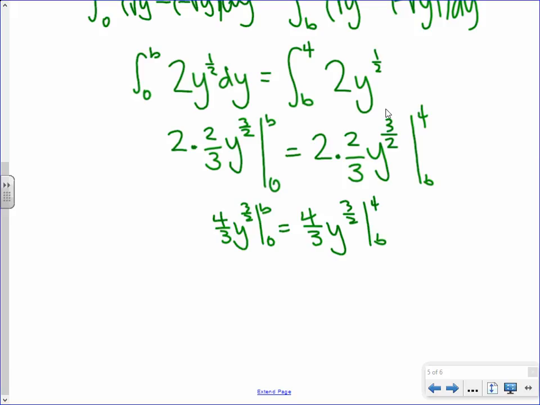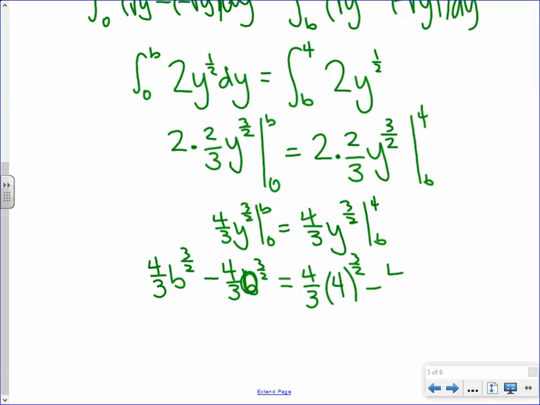Okay? So now let's go ahead and use the fundamental theorem of calculus. We have 4/3 b to the 3/2 minus 4/3 times 0 to the 3/2, okay, which is going to be 0, right? And then we have 4/3 times 4 to the 3/2 minus 4/3 b to the 3/2.